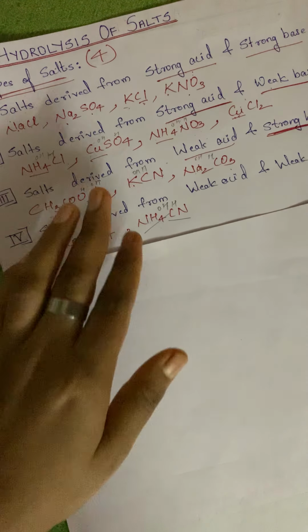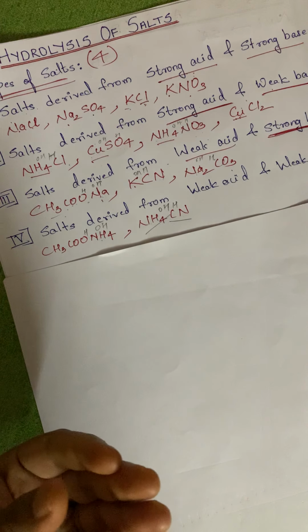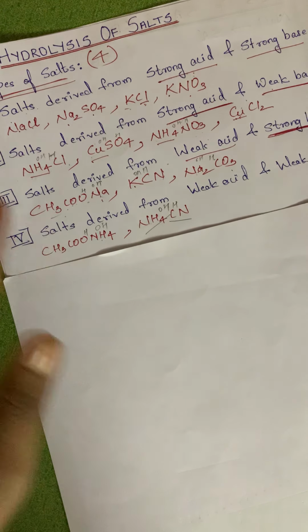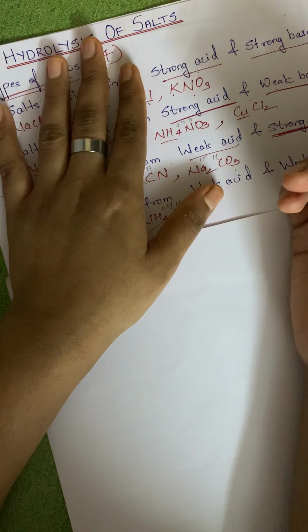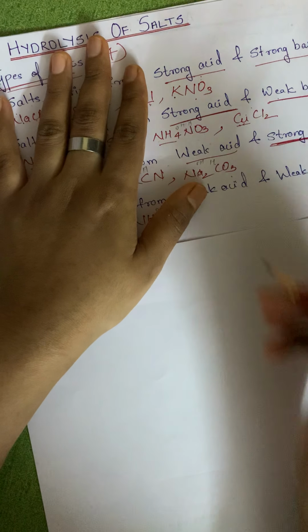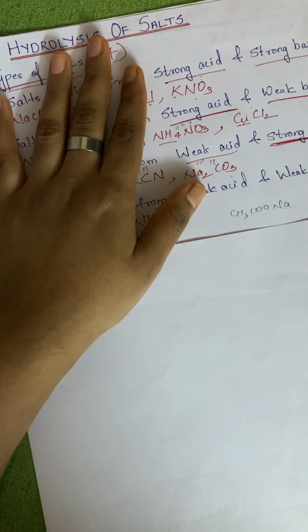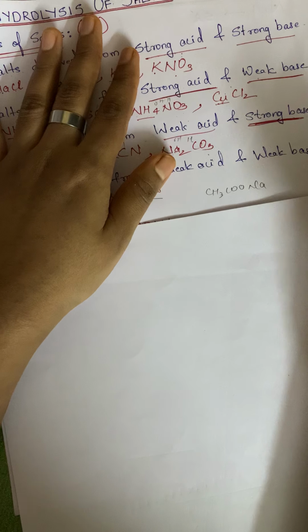If any example is given, you can tell whether the salt is derived from a strong or weak acid or base. For example, if I give you CH3COONa, will you be able to tell me which type it will be? It is very simple.